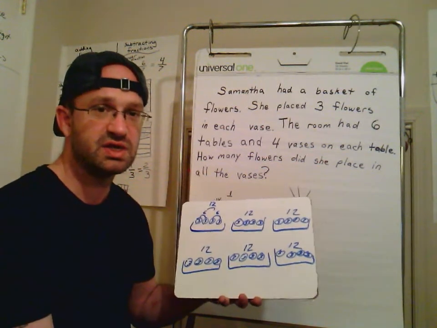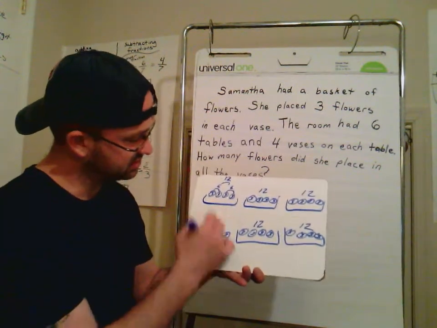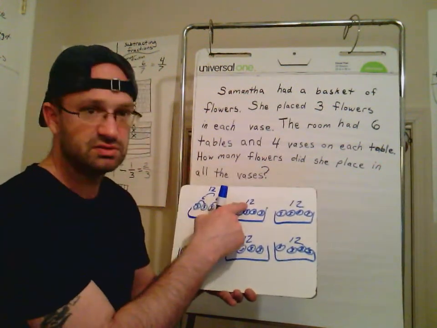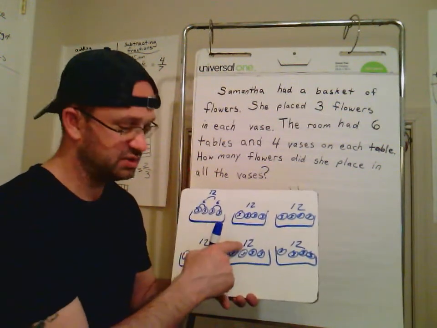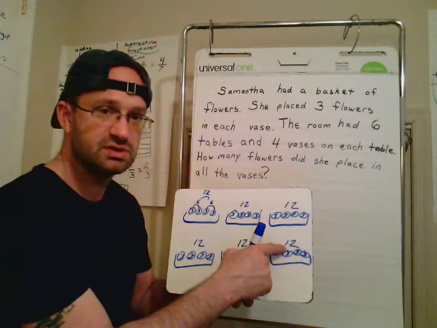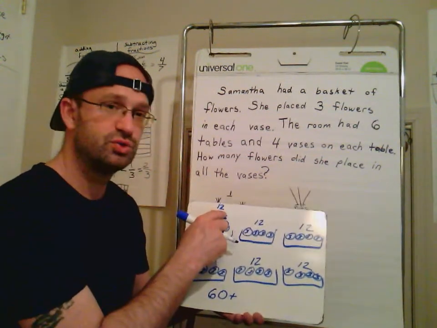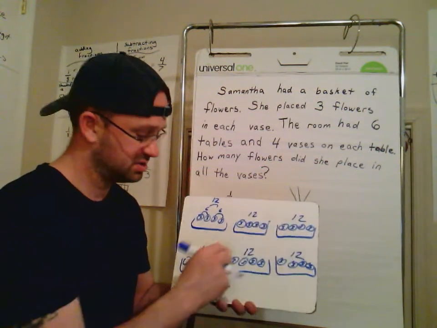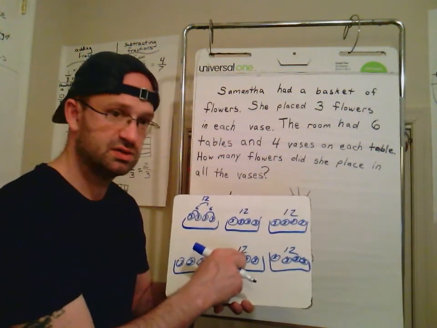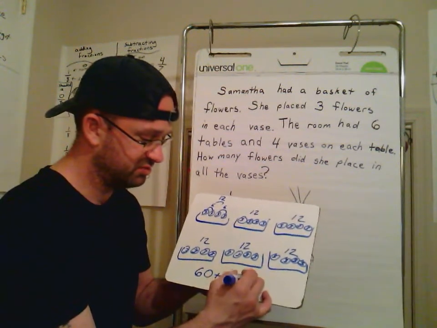So what's another way you could have done it? Some of you added the 10s first. Okay, let's take that out. So that's 10, 20, 30, 40, 50, 60. 60 plus 2, 4, 6, 8, 10, 12. 60 plus 12.